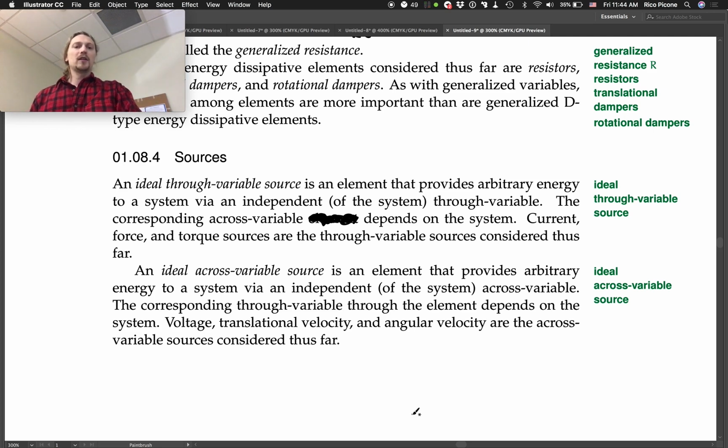The corresponding through variable, through the element, depends on the system. Voltage, translational velocity, and angular velocity are the across variable sources considered thus far. Yeah. So, any questions on these generalizations? All right.